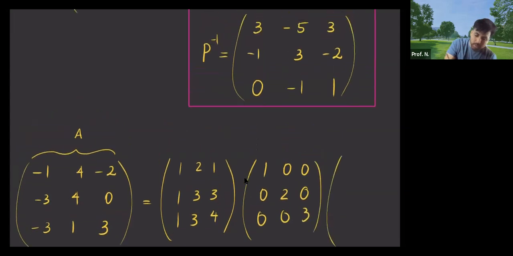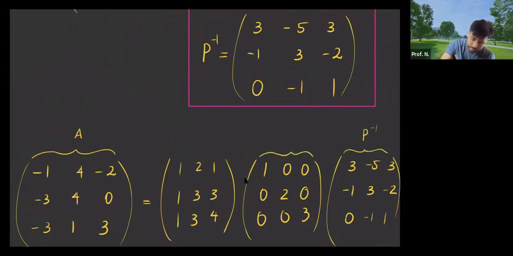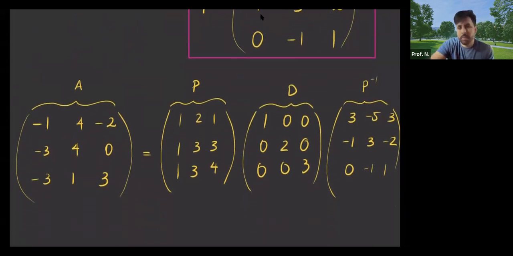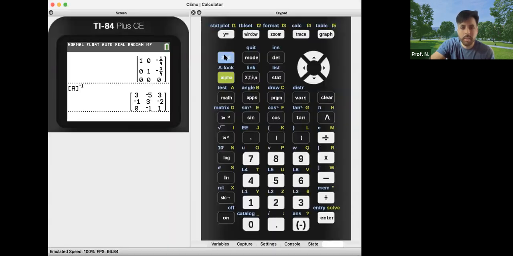And P inverse is 3, -5, 3, -1, 3, -2, 0, -1, 1. And so we can verify whether this is true, and it will be. But let's just computationally verify this.